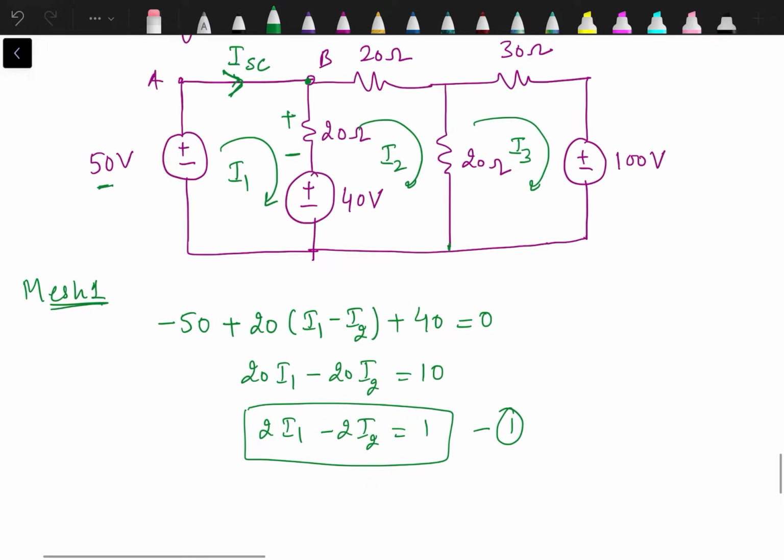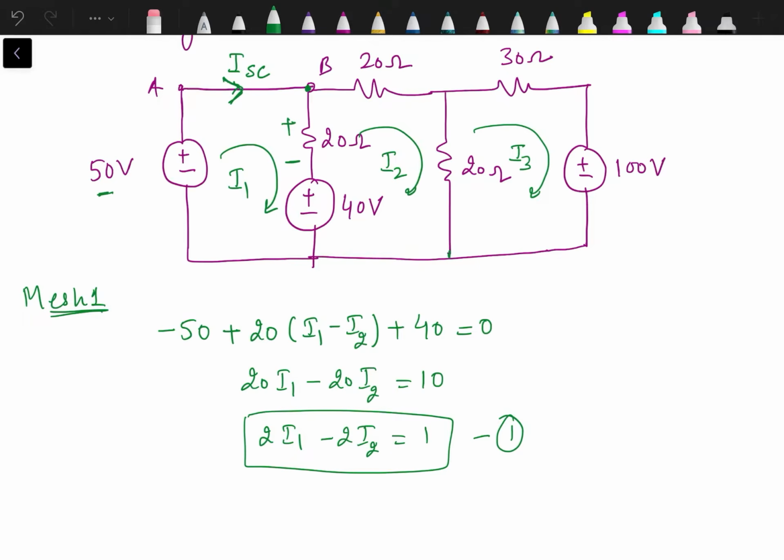Then we have the second mesh. Now let's mark the voltage drop across each resistance with respect to current I2. Since I2 is flowing from this terminal to this one, this one is positive, this one is negative, upper terminal positive, lower negative, and for this 20 ohm, lower will be positive, upper will be negative.